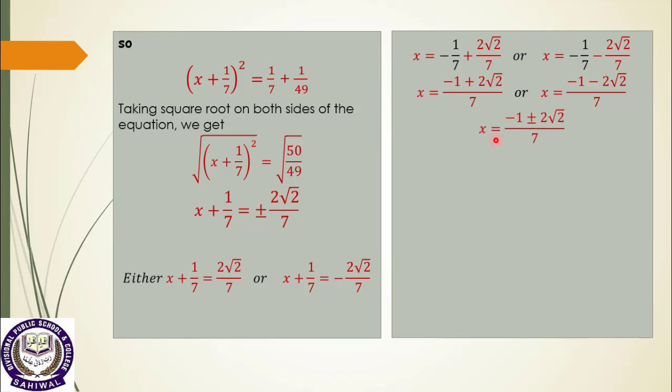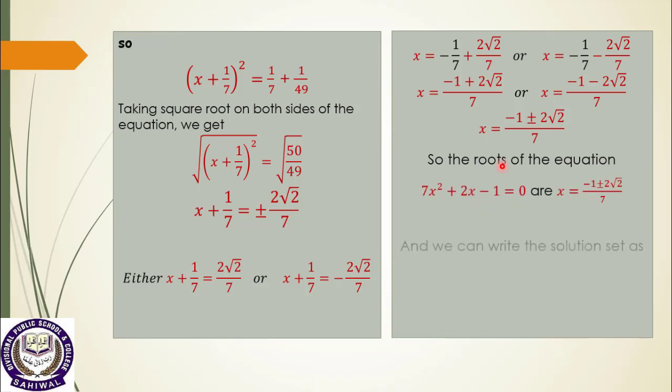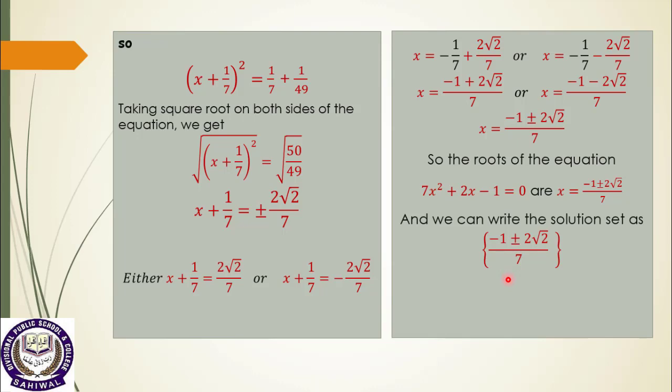The value of x can also be written as (−1 ± 2√2)/7. This is called the root or the solution of the equation, and we can call it the solution set. The solution set can be written as the value of x enclosed in braces.